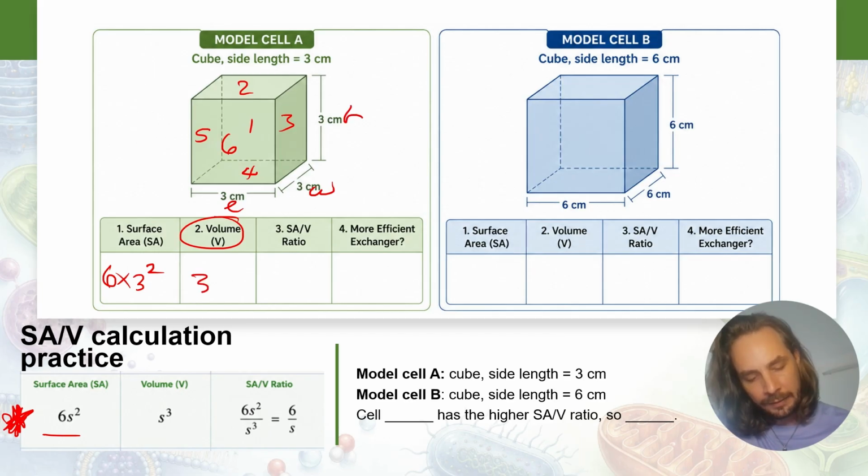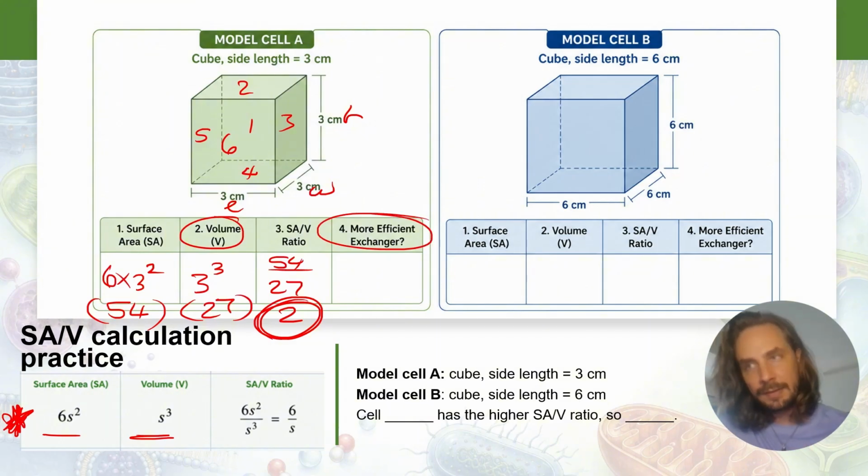So that is 3 to the power of 3. If I want to calculate the ratio, the surface area is 54 and the volume is 27. So 54 divided by 27 is 2. Okay, so the ratio is 2.